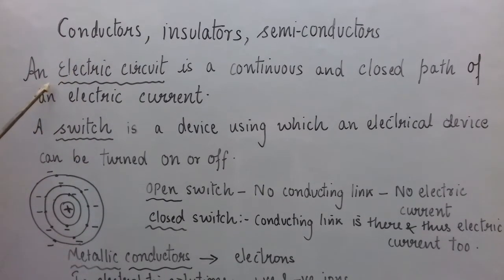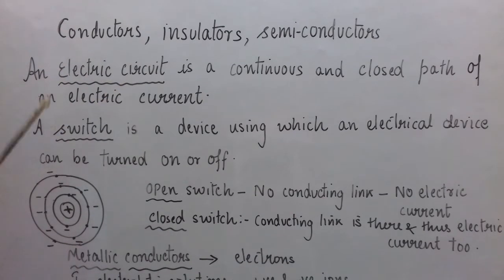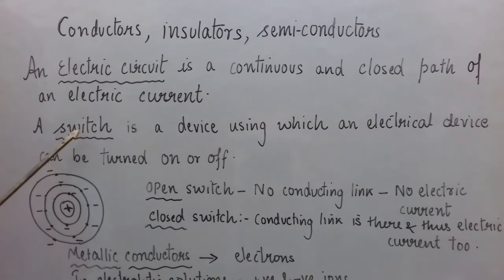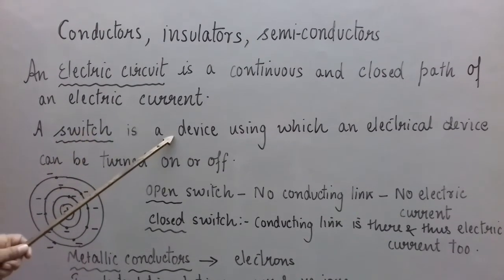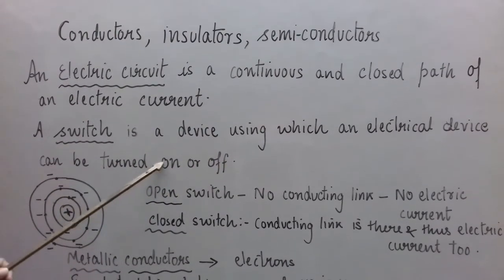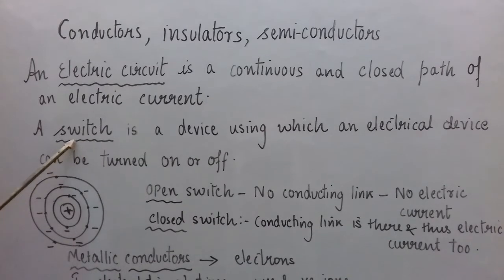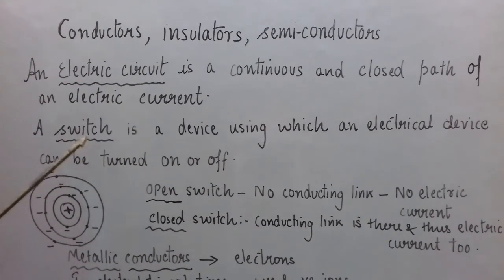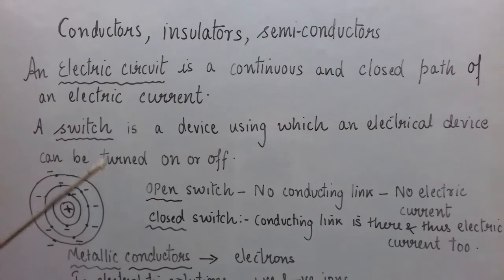Now you must have seen in any electric circuit we have a switch. And you know what is the purpose of a switch? At home also you have switches. What is a switch? Switch is a device using which an electrical device can be turned on or off. It means using which supply of electric current or flow of electric charges can be made on or off.